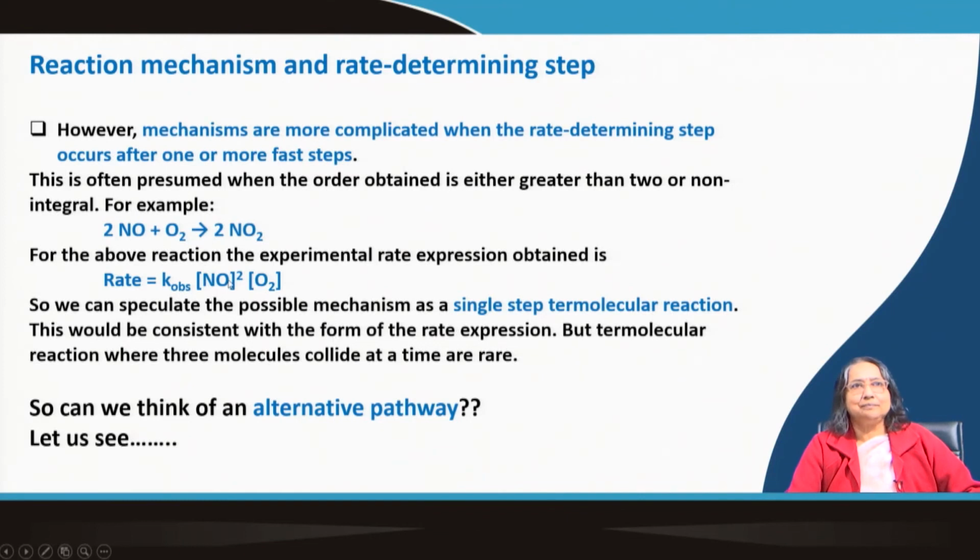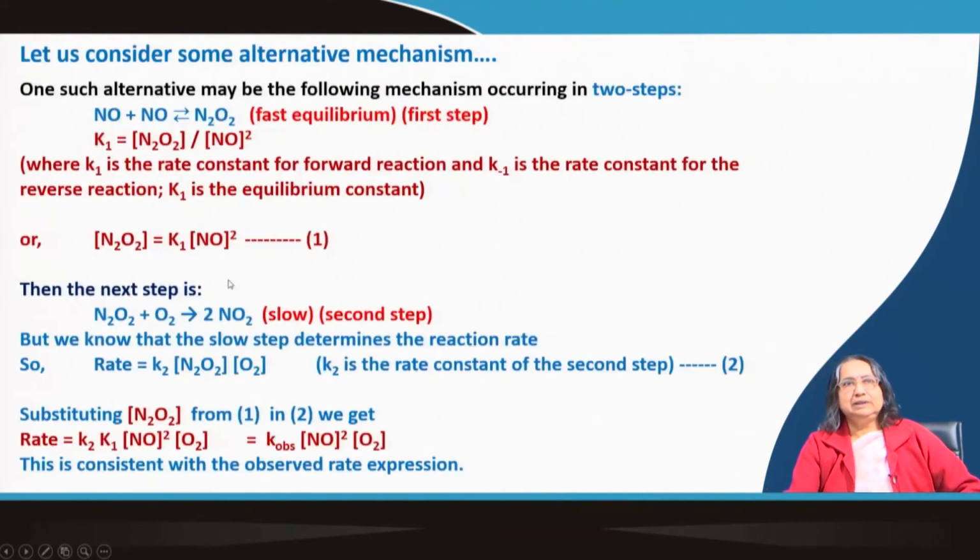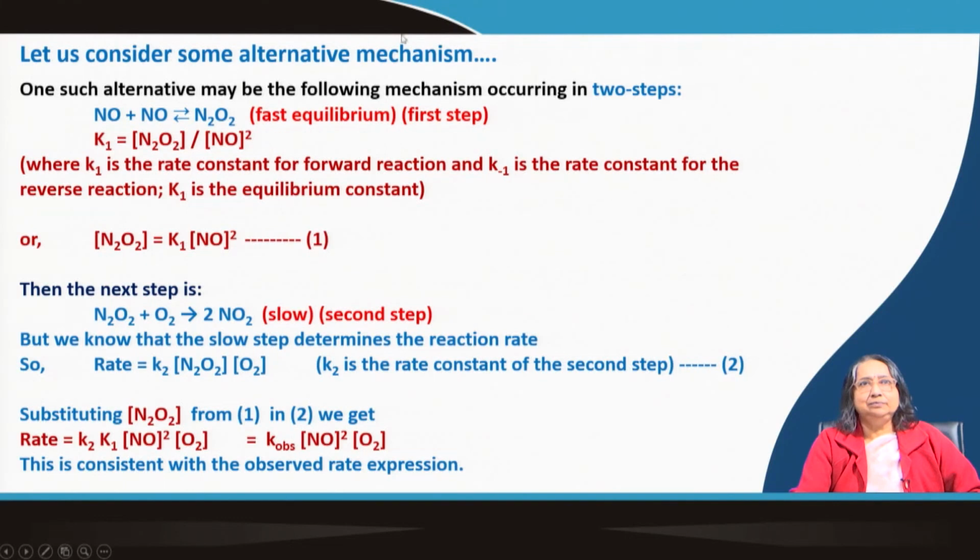So this alternative mechanism is not considering a termolecular reaction, but it is considering a first equilibrium step, then the second step is the slow one, the reaction of N2O2 with oxygen to form this.